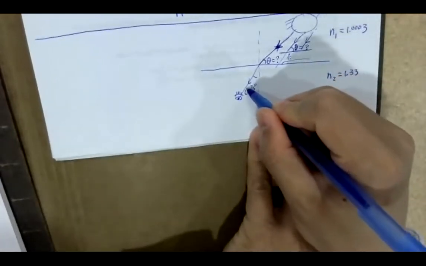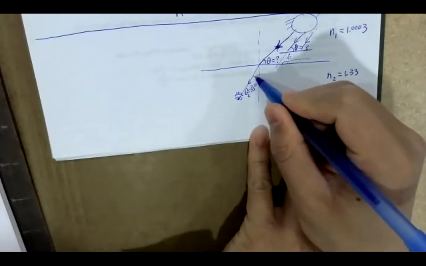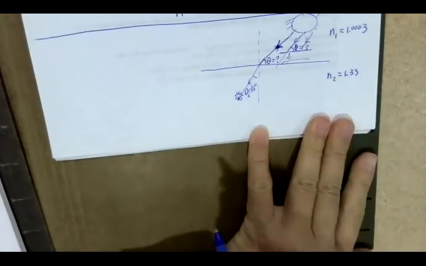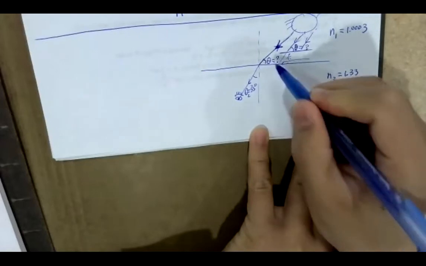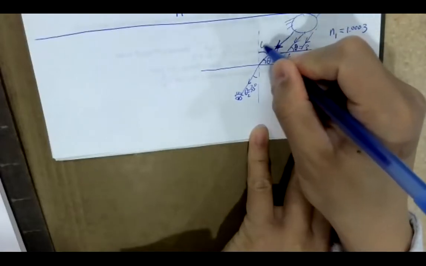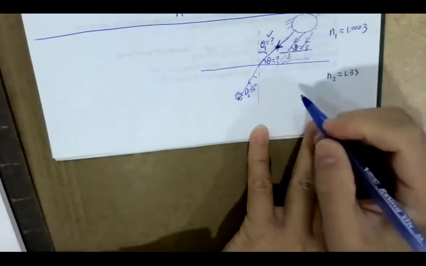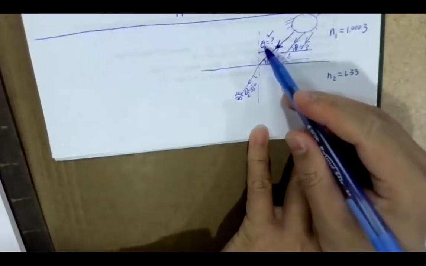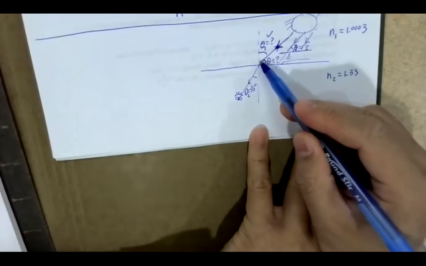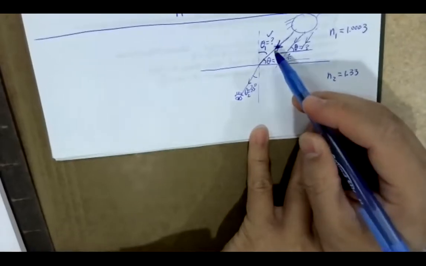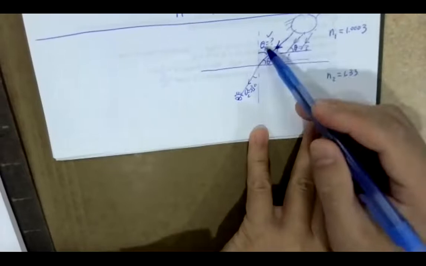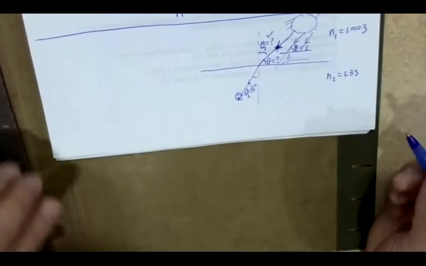Now you know this angle, theta 2, the angle the refracted ray makes with the normal, and you're looking for this angle, but you can calculate the incidence angle theta 1 first. Once you have that, this angle plus theta 1 will be 90 degrees, so then you can calculate this.